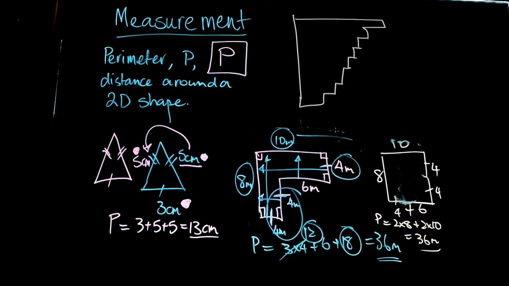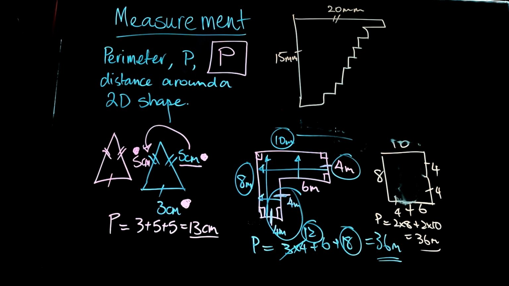And all I know, this might be 15 millimeters, this side here, and this side is different. And this is 20 millimeters. Now, there's a lot of information that we don't know in that sort of reverse staircase type thing.